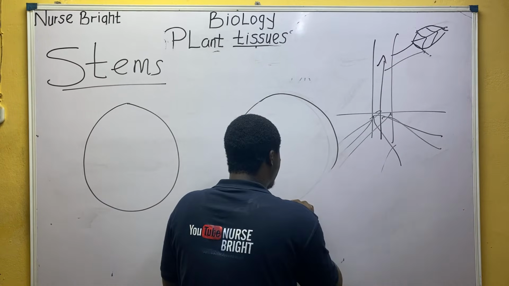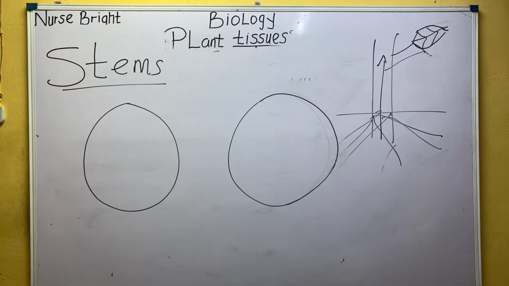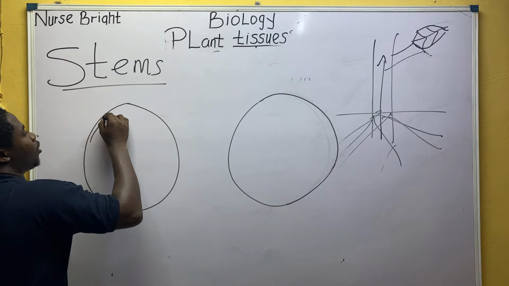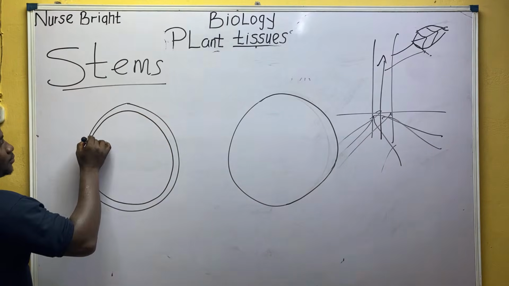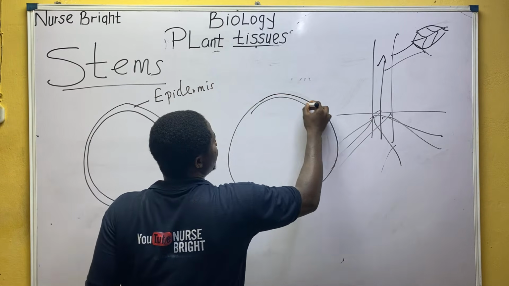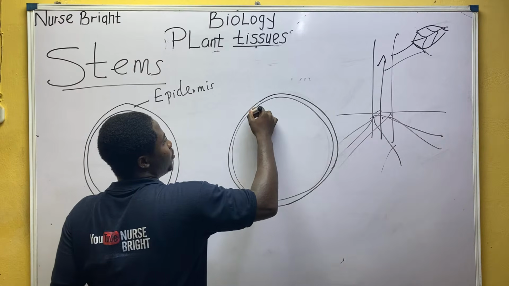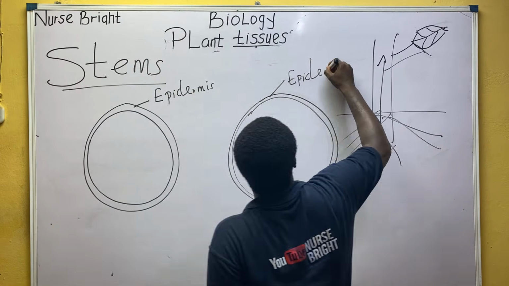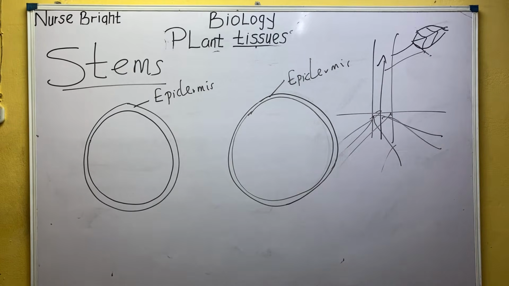First of all, the stem is arranged in layers. What is the outer layer of this stem called? They call it the epidermis. So let's form the first layer, called the epidermis. Now let me tell you, the epidermis contains cuticle to prevent water loss.